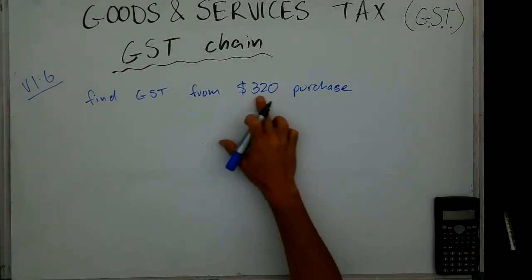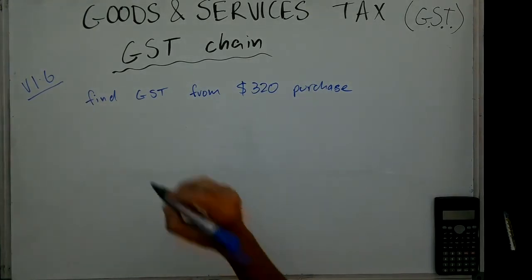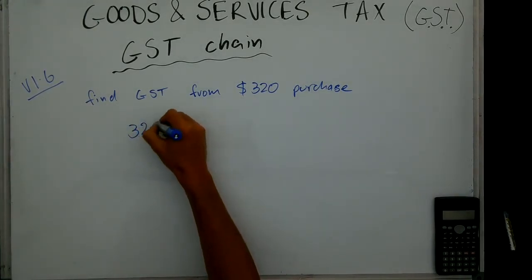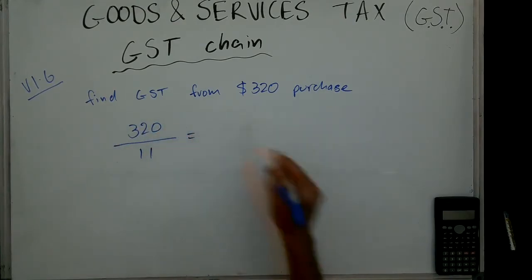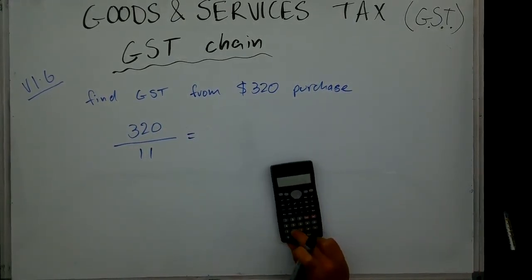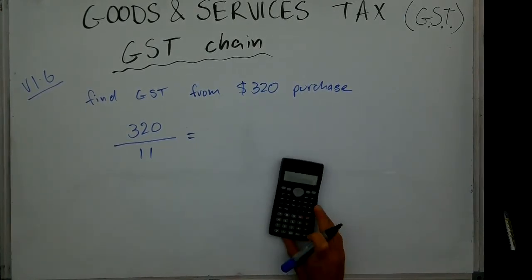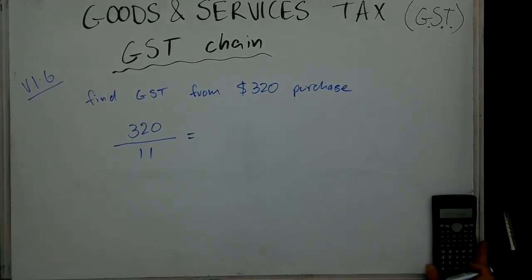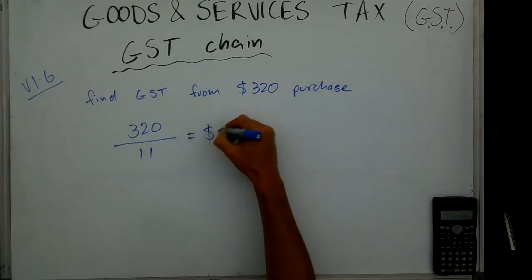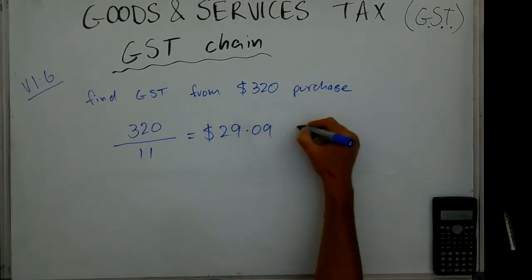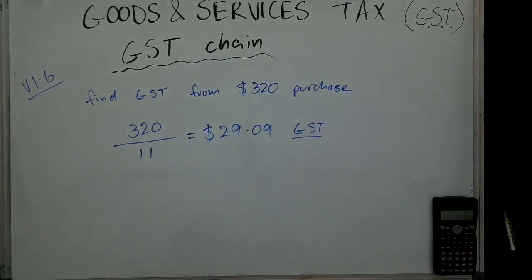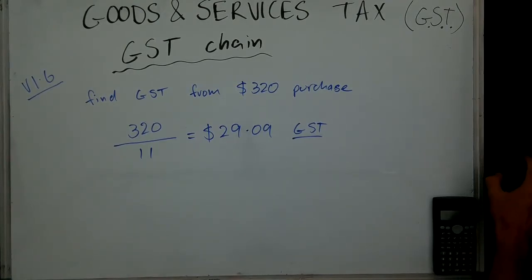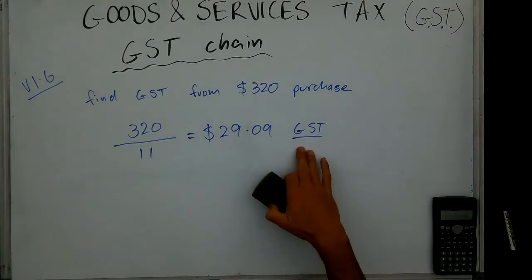So essentially the GST is included in here. So what we're going to do is 320 divide by 11, which is $29.09. So that wasn't too bad. Okay, so that's just working out the GST.